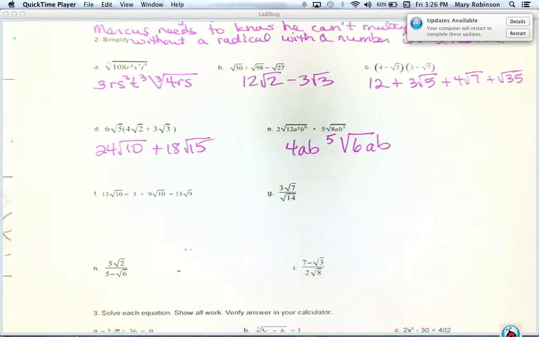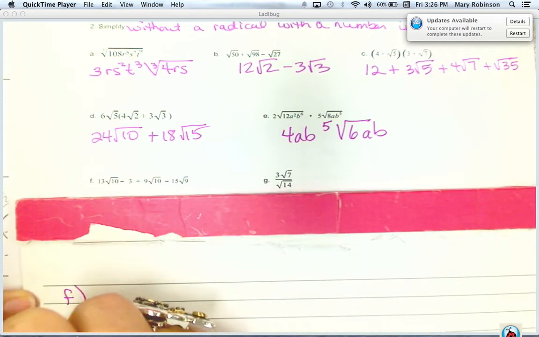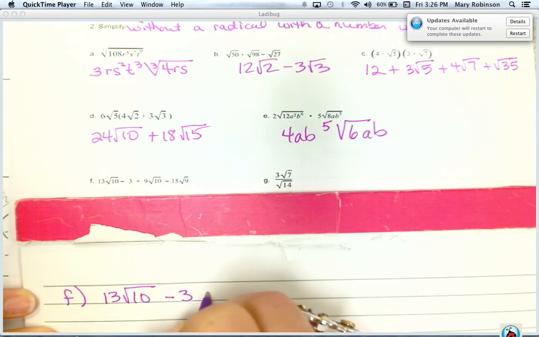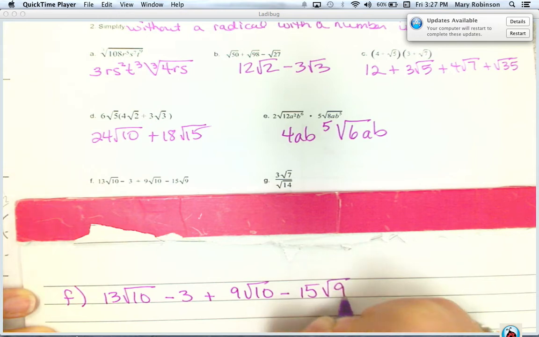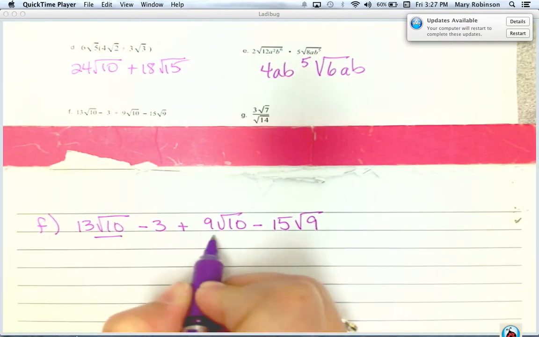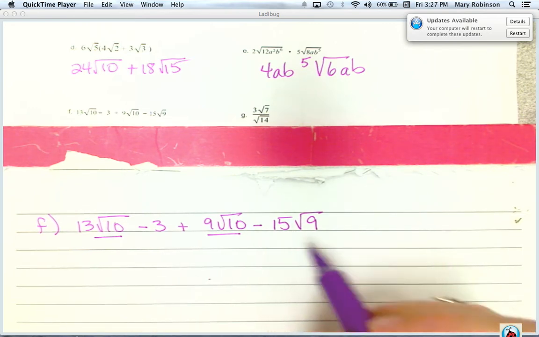All right. So next for problem F, we are combining some terms here. If we can simplify, we need to go ahead and simplify. So notice for F, I have 2 terms with the square root of 10. I have an integer, and then I have minus 15 square roots of 9.